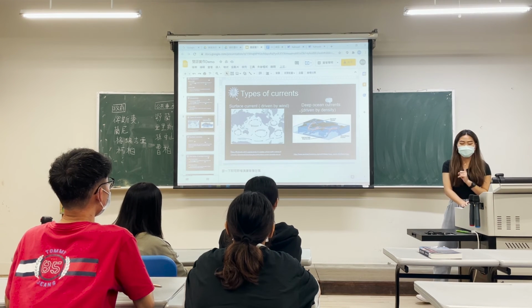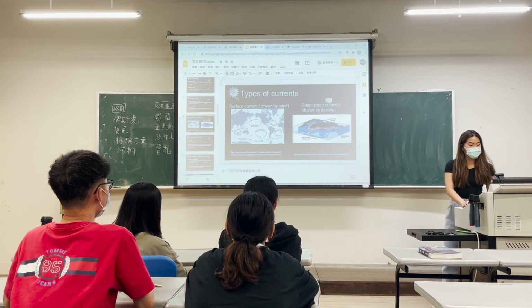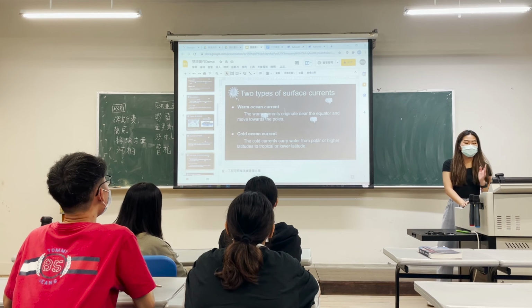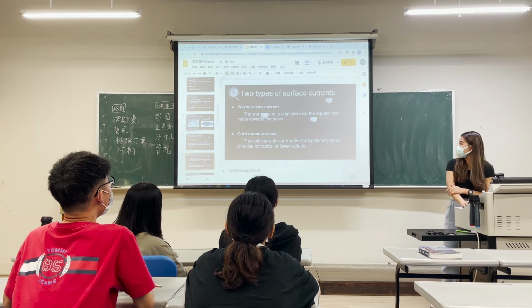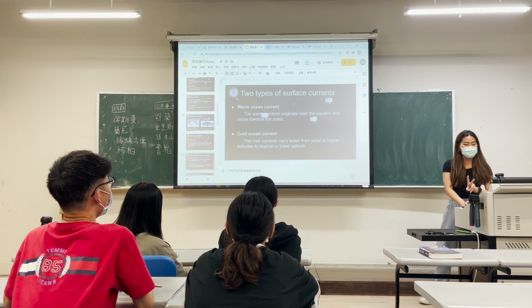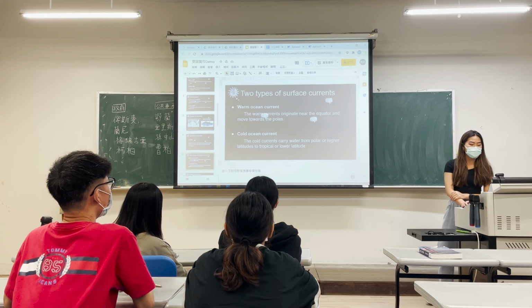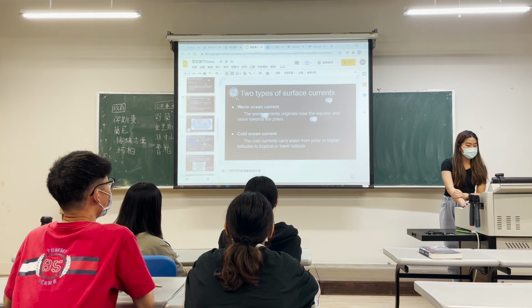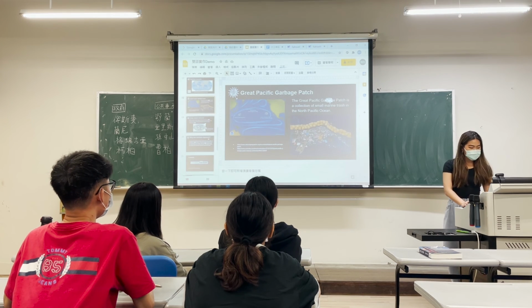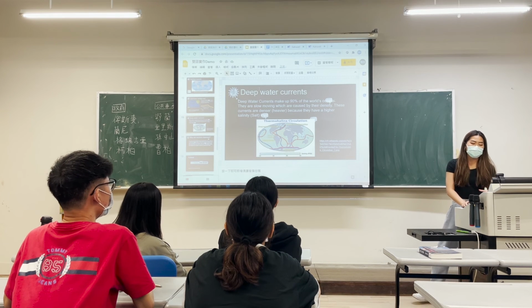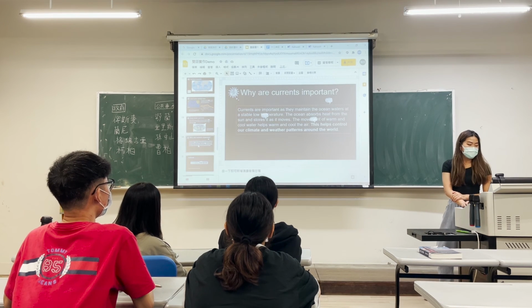The first one is surface current, and another one is deep ocean current. And in the surface ocean current, we can divide it into two types. The first one is warm ocean current, and another one is cold ocean current. At the end, we talked about deep water currents and summarized the importance of the currents.